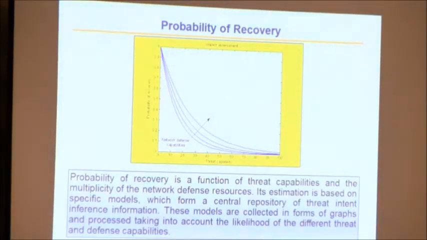In fact, when threat capability is very low and our network defense capabilities grow, we can reach complete probability 1, that is theoretical probability 1 of recovery of our system.